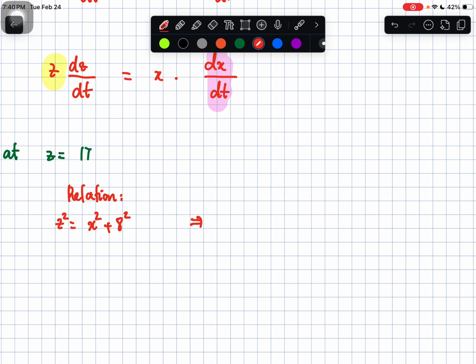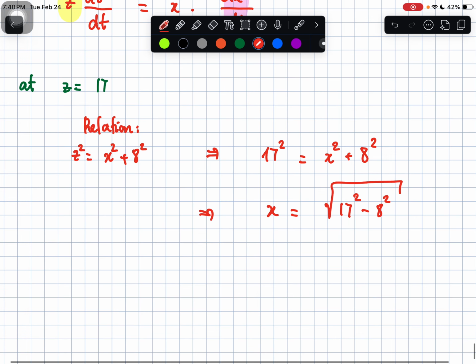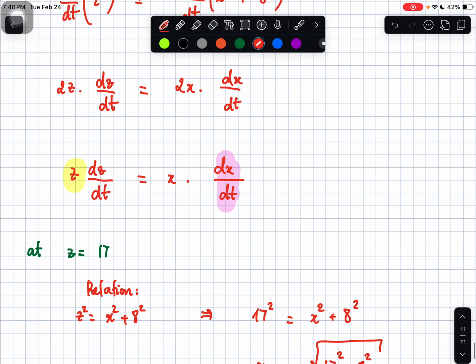So when z is 17, 17 squared equals x squared plus 8 squared, so x equals the square root of 17 squared minus 8 squared. So this is the square root of 225, which is 15. x equals 15.